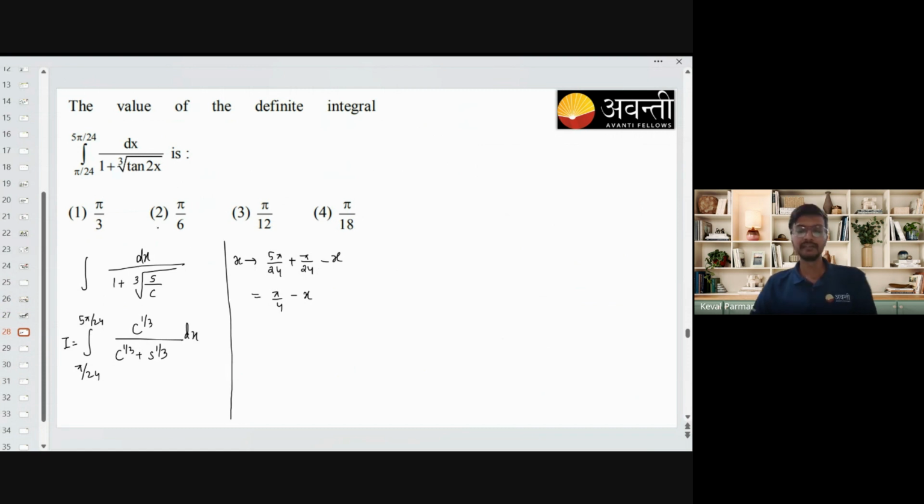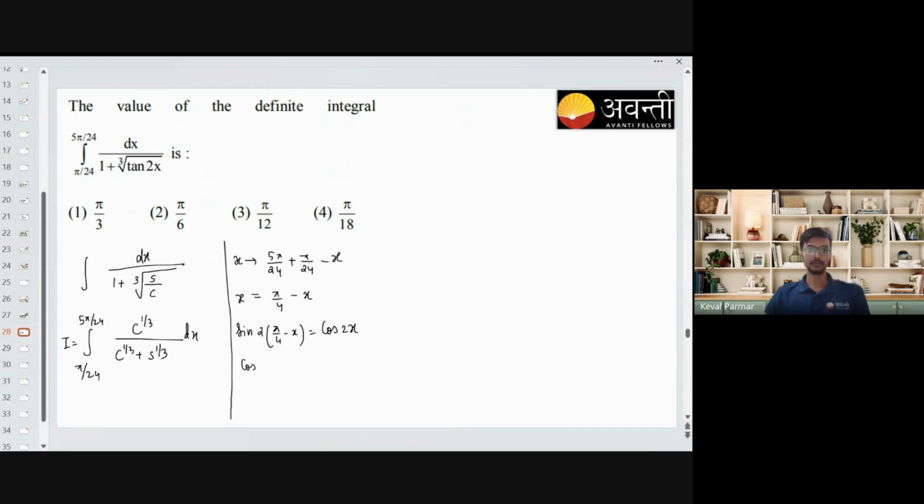Now we have sine 2x and cos 2x. So if I replace x with pi by 4 minus x, I'll get sine of 2 times pi by 4 minus x, which is equal to sine of pi by 2 minus 2x, which will be cos 2x.